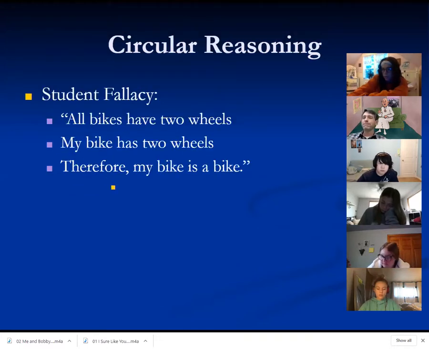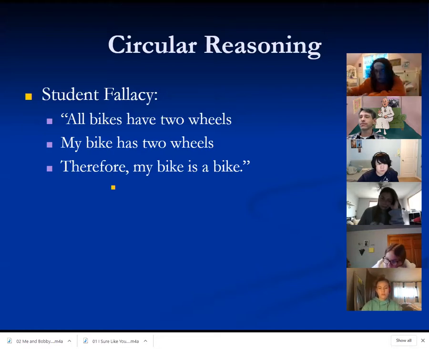Okay, here's another example, and this was one of my students. It was really funny. In fact, even the conclusion is circular. All bikes have two wheels. My bike has two wheels. Therefore, my bike is a bike. I thought that was ridiculous and really funny.